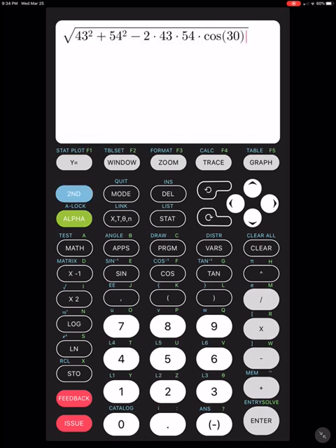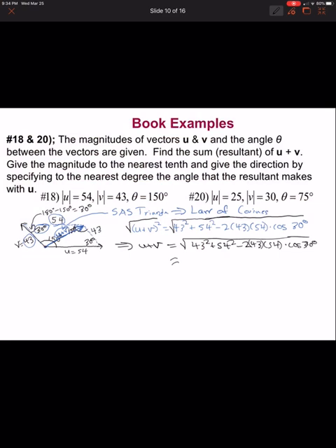Of course, you can also write square root of 3 over 2 instead of that. And hit enter. And we get 27.3, rounded to the nearest tenth. So 27.3 would be the magnitude.